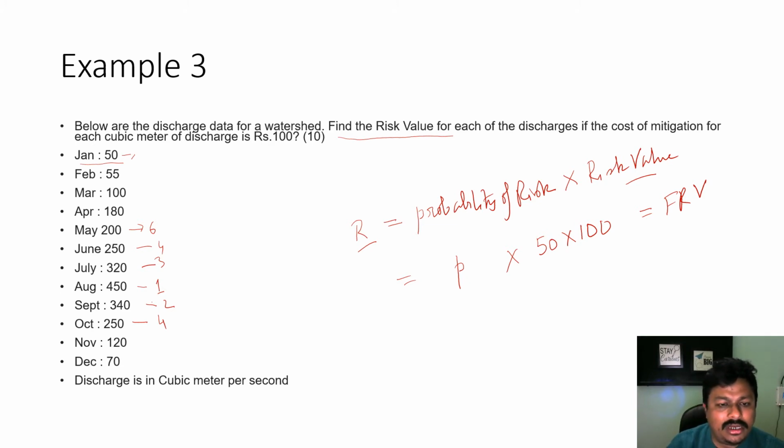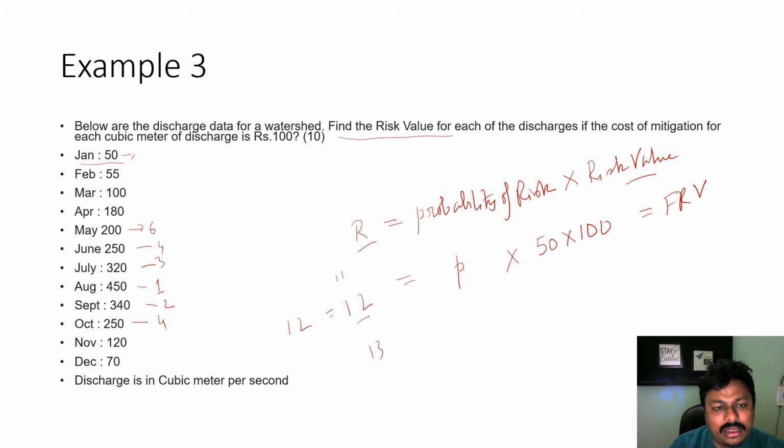Here there are 12 data, so your rank must stop at 12. It cannot stop at 11, 9, or 13, 14. So when there is equal discharge or equal magnitude, give the same rank, but assign the rank to the next value by considering this double rank.